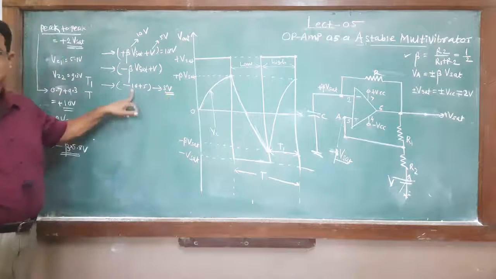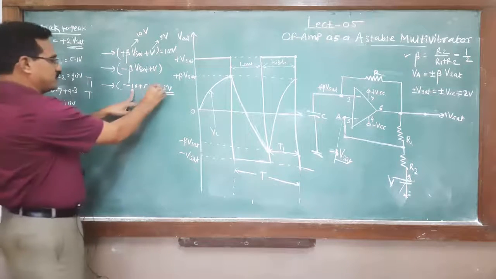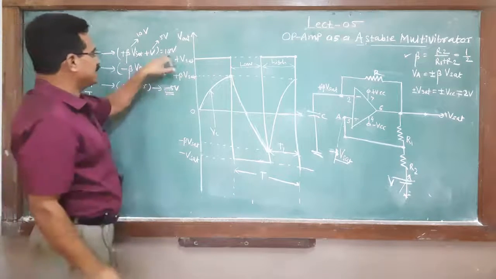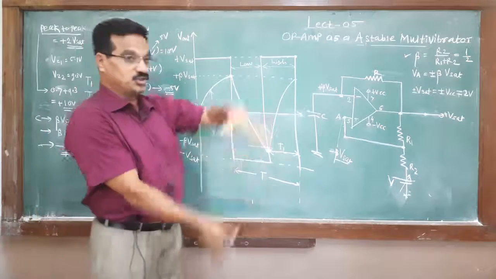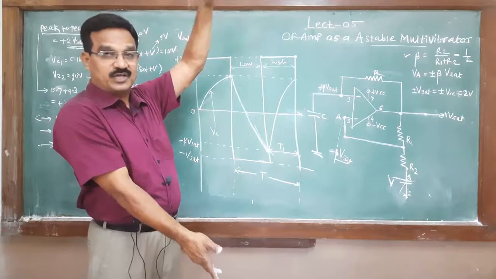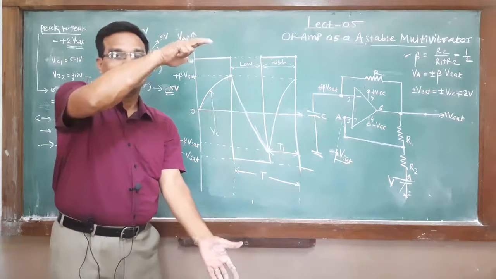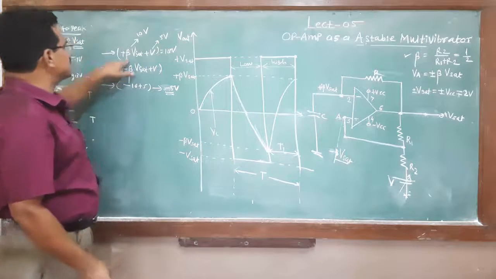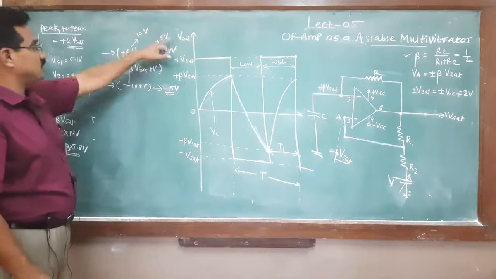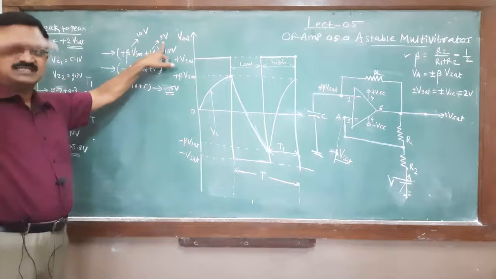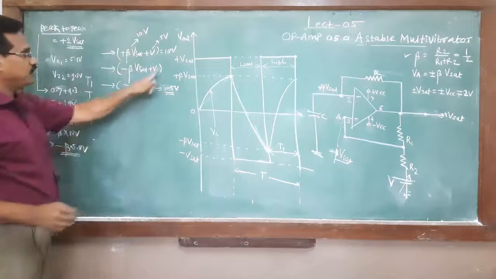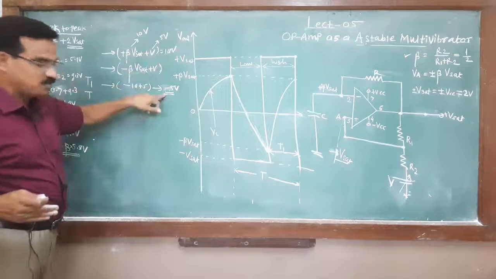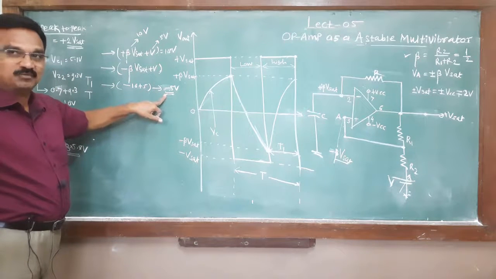Means one threshold level is minus 5 and another threshold level is 15. Charging of the capacitor takes place up to 15 volt in the positive direction, and in the negative direction only up to minus 5 volt.